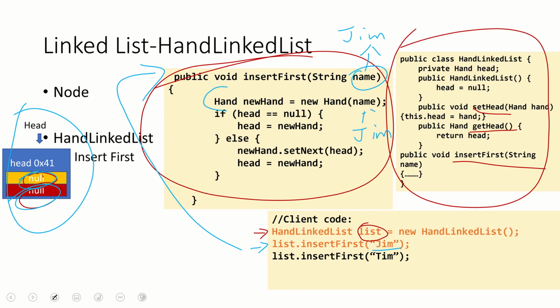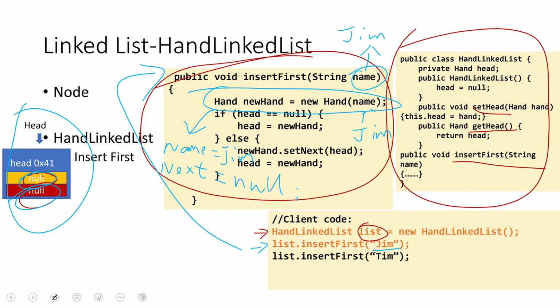So let's recall this hand constructor. This constructor will create two things by default. The first is the name of the hand, which is Jim. Then its next hand is none by default, right?